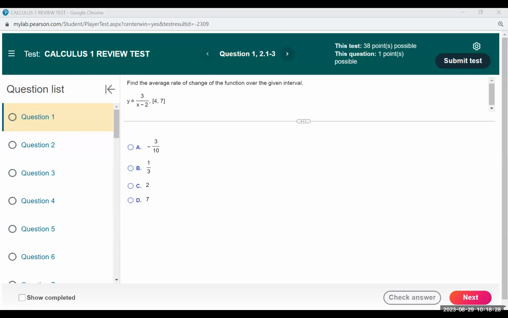I'm plugging the x2 into the f of x where x is, if that makes sense.